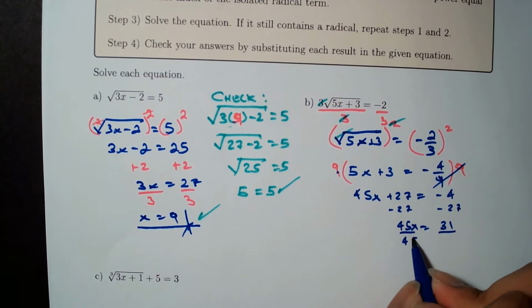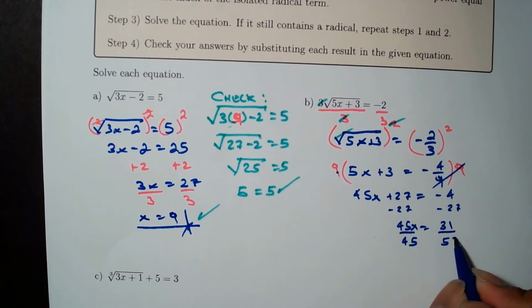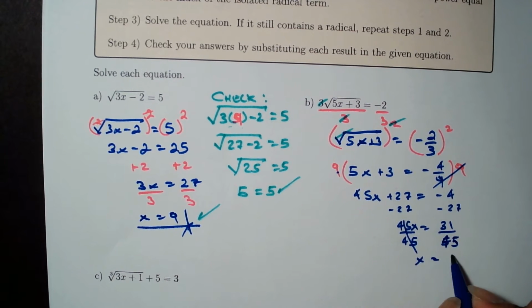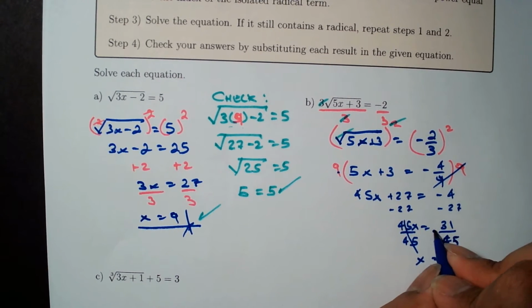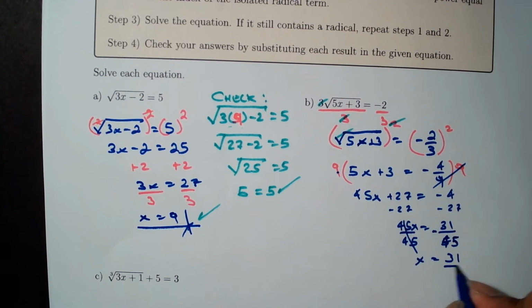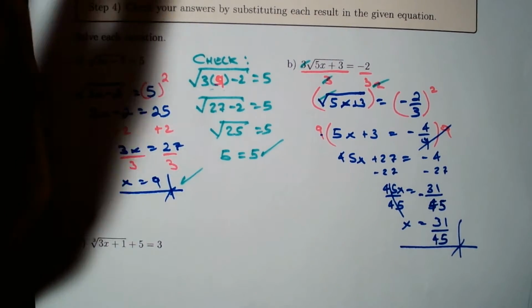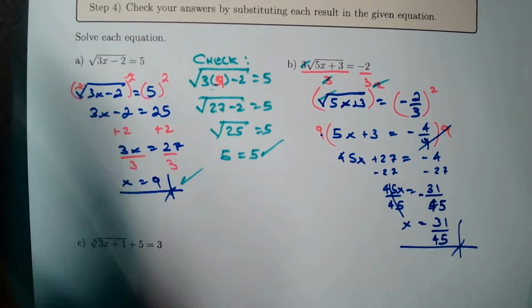Then divide both sides by 45, and x equals negative 23 over 45. Of course, this is potentially a solution, because what do we want to do here? Check the solution. So let's check.